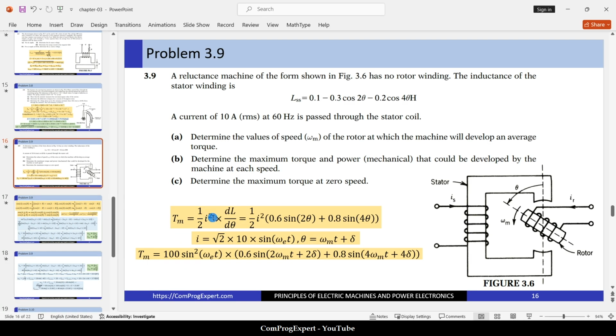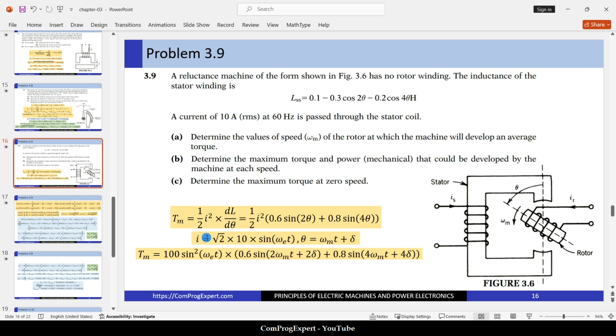So in this case, the value of the magnetic torque is 1 divided by 2 I to the power 2 times dL d theta. You can take the derivative of this inductance function that is equal to this one. For the current, I can assume this function. The RMS value of the current is 10.